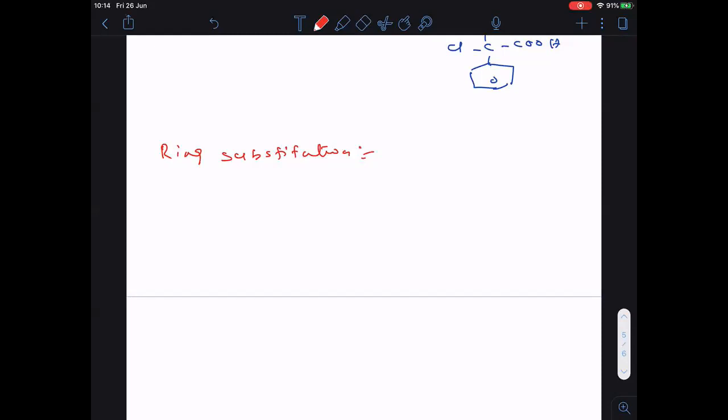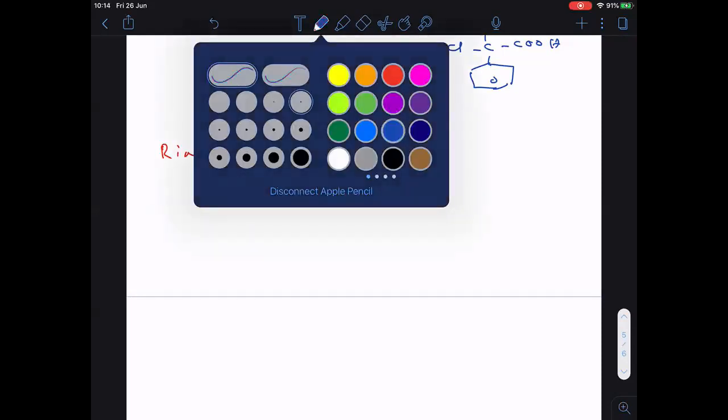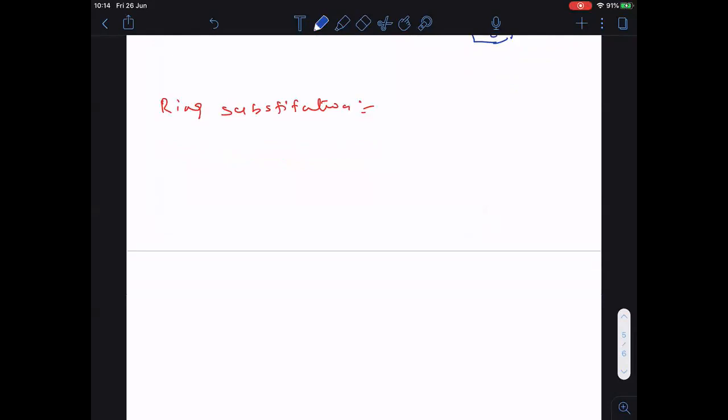To explain the ring substitution, here I want to take benzoic acid. So this is the benzoic acid. If I write the resonance structure of the benzoic acid, the pi bond will go towards oxygen, then this pi bond will come here.